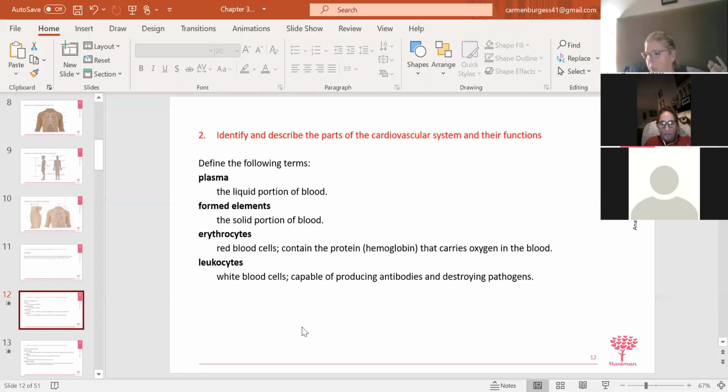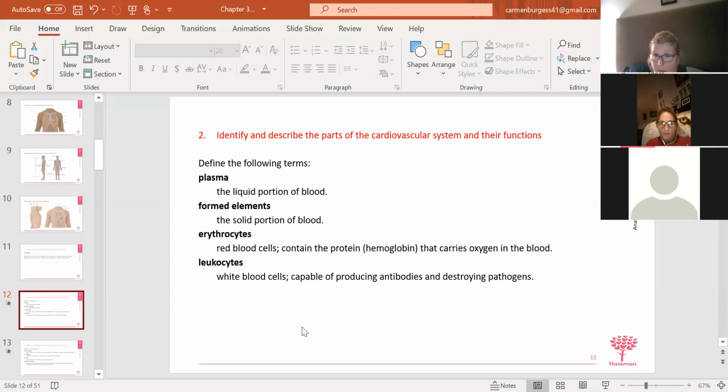But plasma really just carries nutrients and blood clotting hormones and proteins. And the formed elements are your erythrocytes, your leukocytes, and your thrombocytes. Those are the solid portions of your blood.